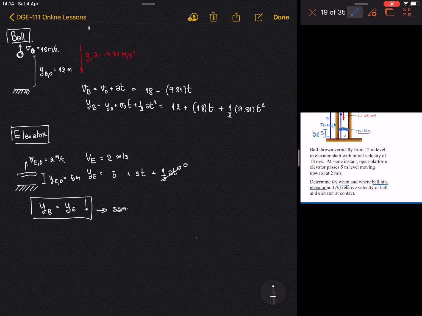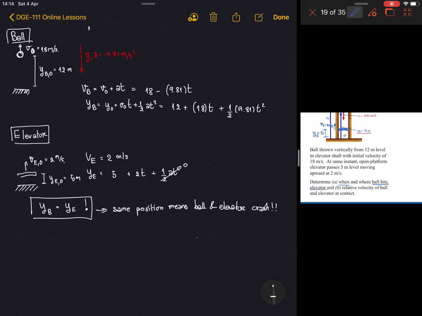The same position means the ball and elevator crash.